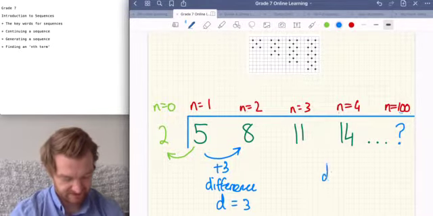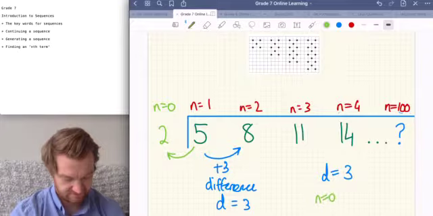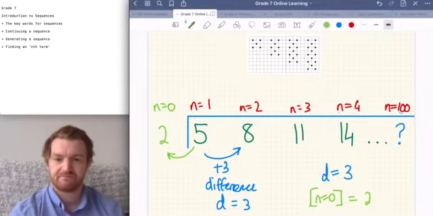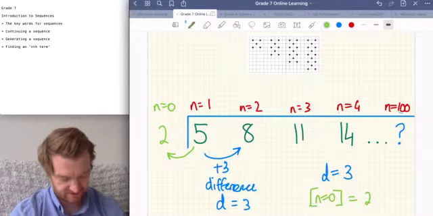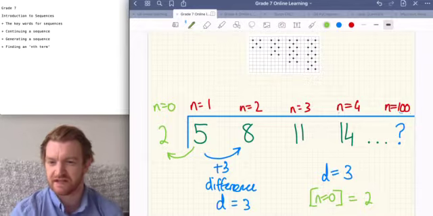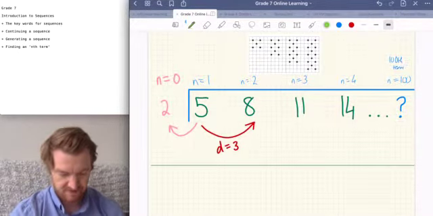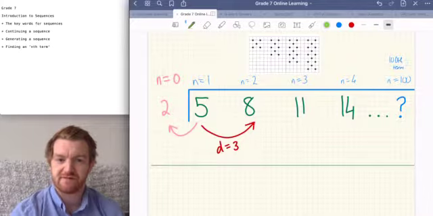So we can say the difference is 3, and the first term is 2. And we're going to see how we can use that in a second. So we've kind of just added that information in.